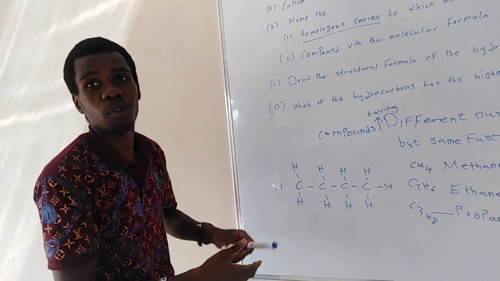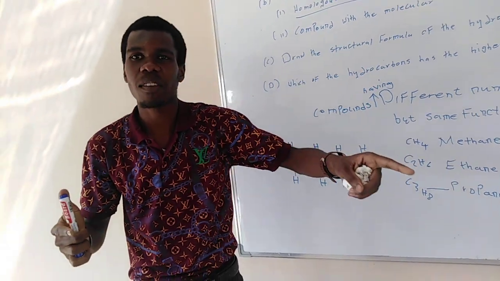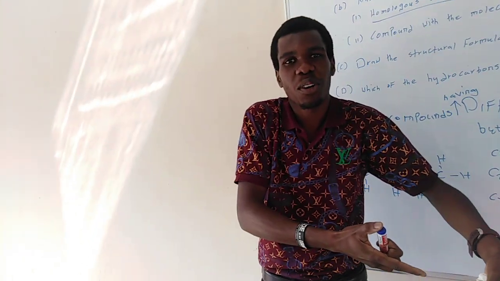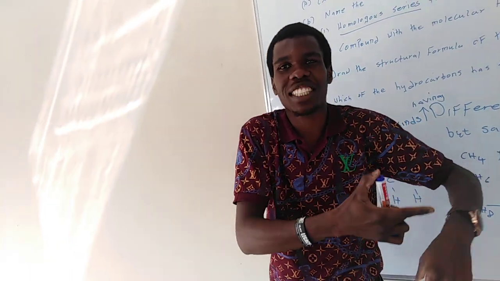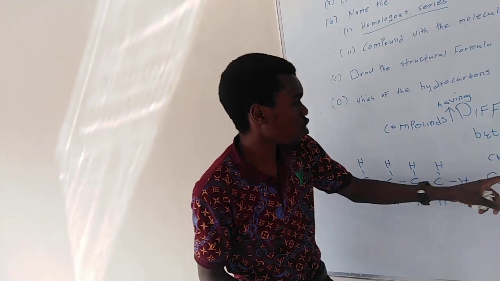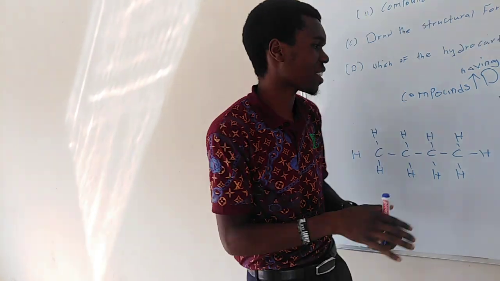This is the structural formula. Remember they have the same functional group but a different number of carbons: 1 carbon, 2 carbons, 3 carbons. That's the meaning of the term hydrocarbons.